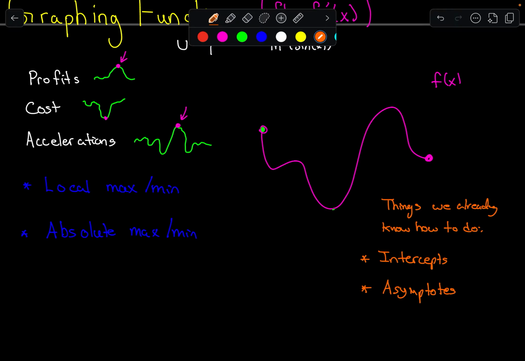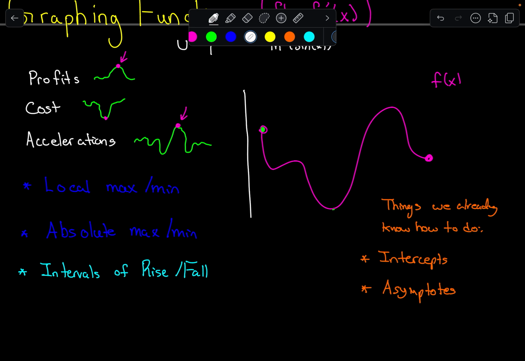But something else that can also help us sketch a graph, something we're going to add to this list over here on the left, is what we call intervals of rising and falling. And what I mean here is that, if I have, maybe I'll put an axis here just to give us some visual aid.